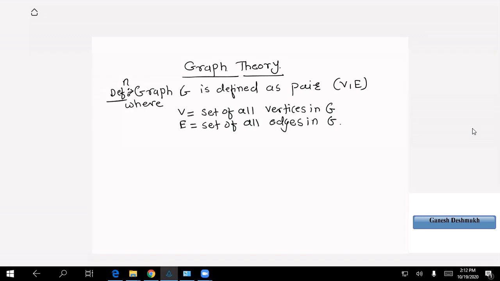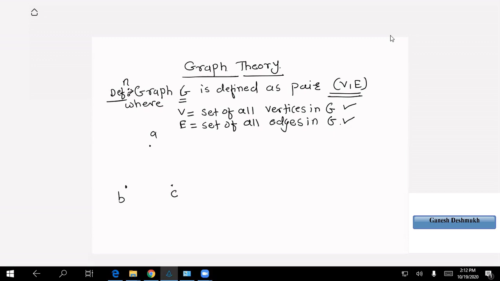A graph G is defined as a pair (V, E), where V is the set of all vertices in G and E is the set of all edges in the graph G. Now suppose I want to draw a graph on three vertices. I can take three vertices A, B and C, and I can join these vertices.